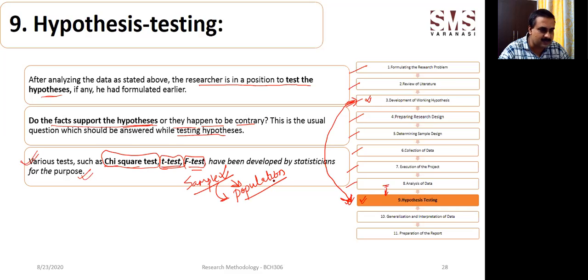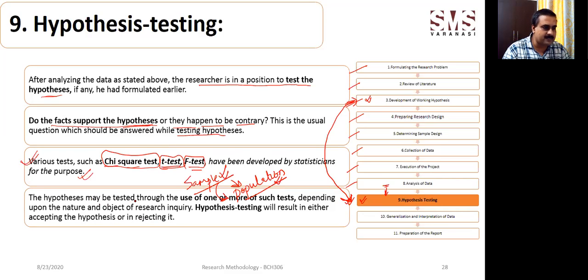This generalization takes place through hypothesis testing, and there are several ways to do it: chi-square test, f-test, t-test, z-test. Apart from these, we usually use ANOVA, regression, and correlation also to justify our point.